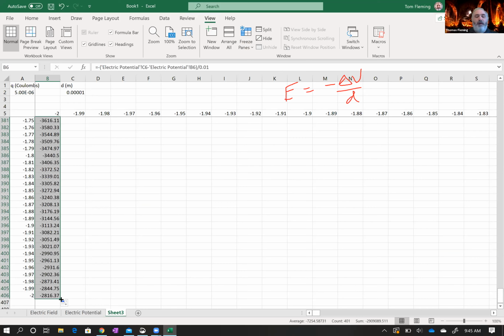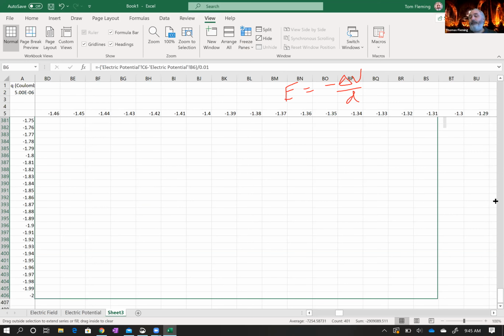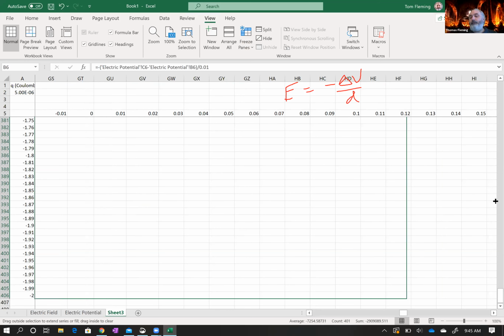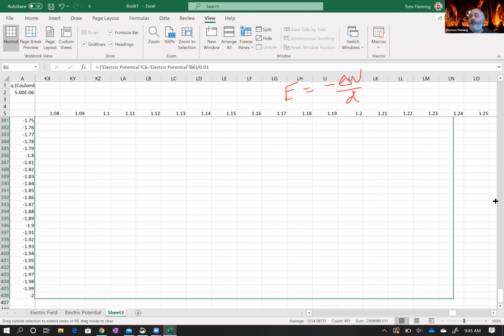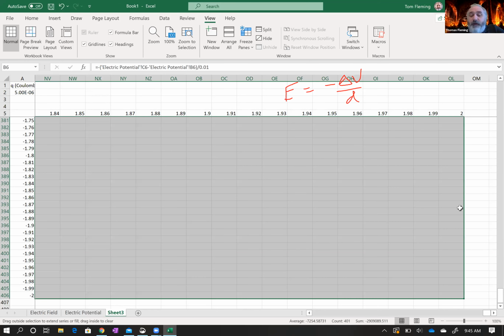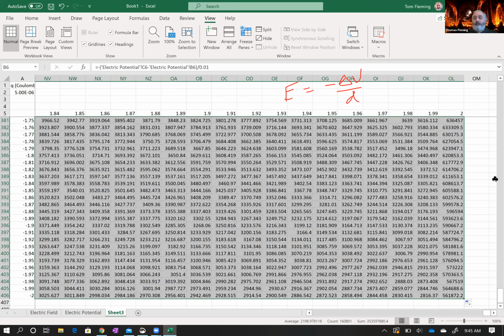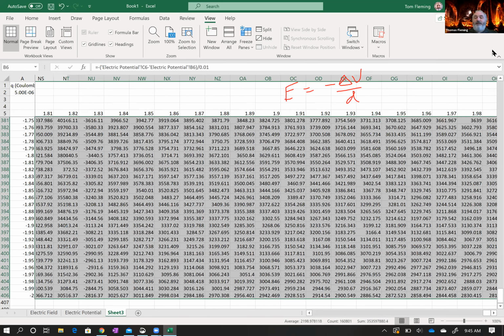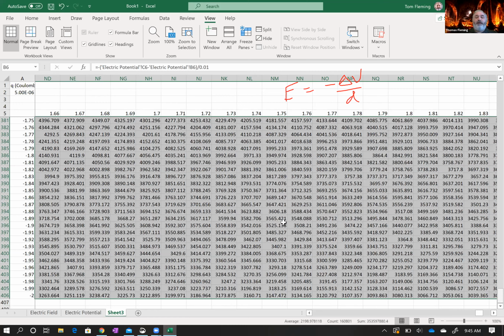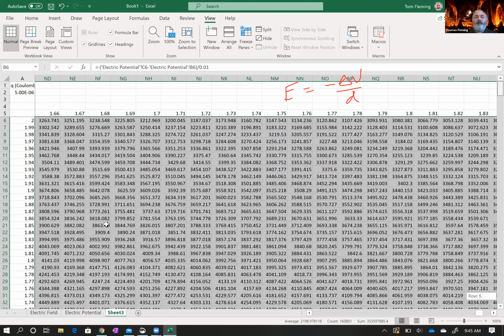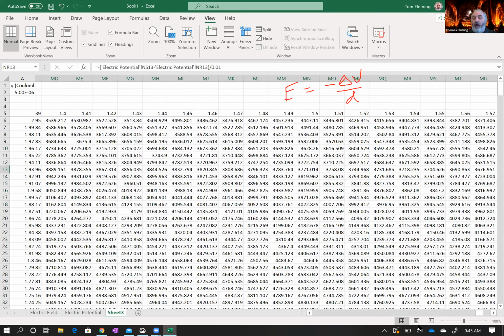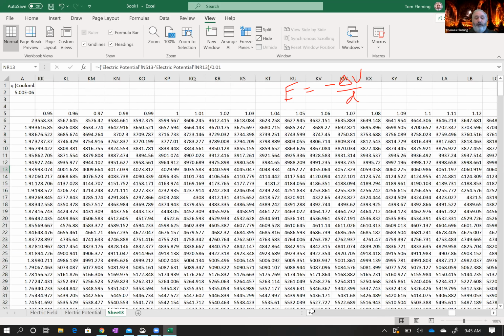And if I take that whole column while it's highlighted and drag it sideways, well, there, it'll fill that same formula in everywhere. So what I'm going to have is the electric field calculated in the X direction everywhere. It's only the X component of the electric field.